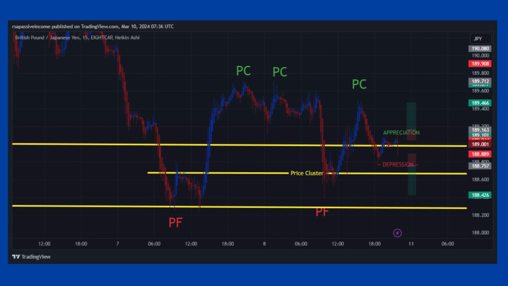All right, so the price clutter is still valid somewhere there, and there's another price clutter that is being formed somewhere here. Price clutter somewhere here.